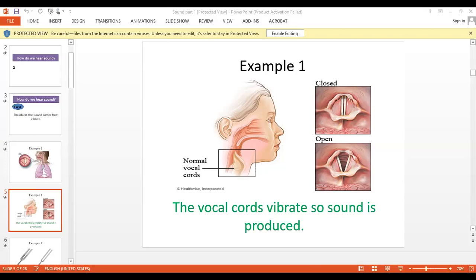When they hit each other, they come very close to each other, and then they get away from each other, and then they start to hit again and come closer, and so on. This is the sound wave.